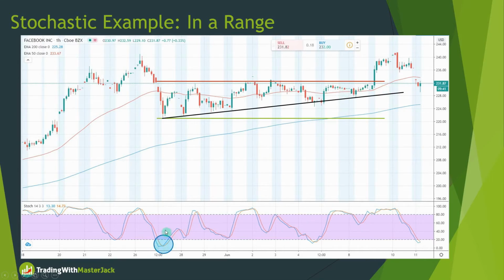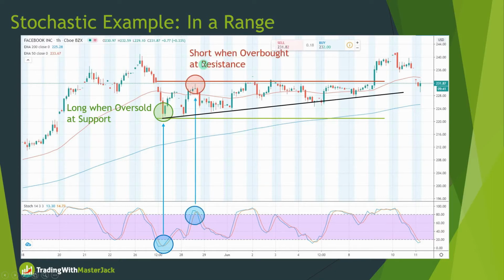You'll see over here where we have our oversold condition, and our entry position would be on top there. So you would go long when it's oversold at support, which is our area of value, and you would go short in a sell position when it's overbought at resistance.